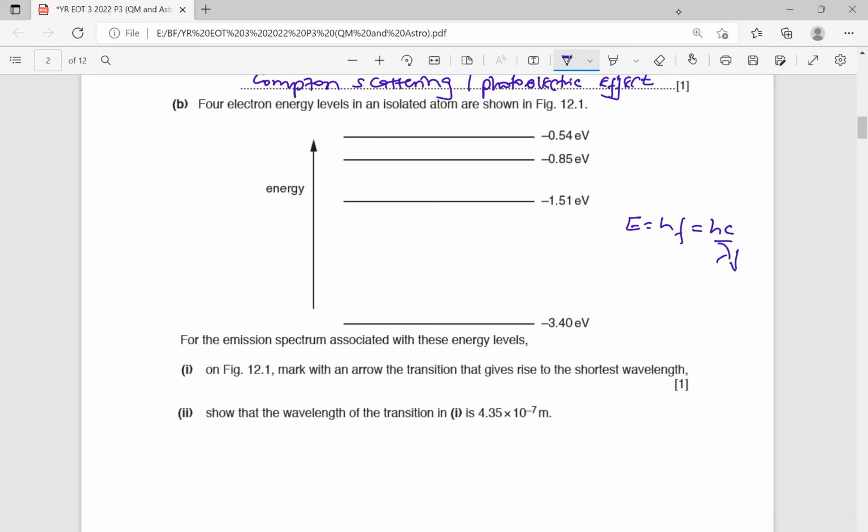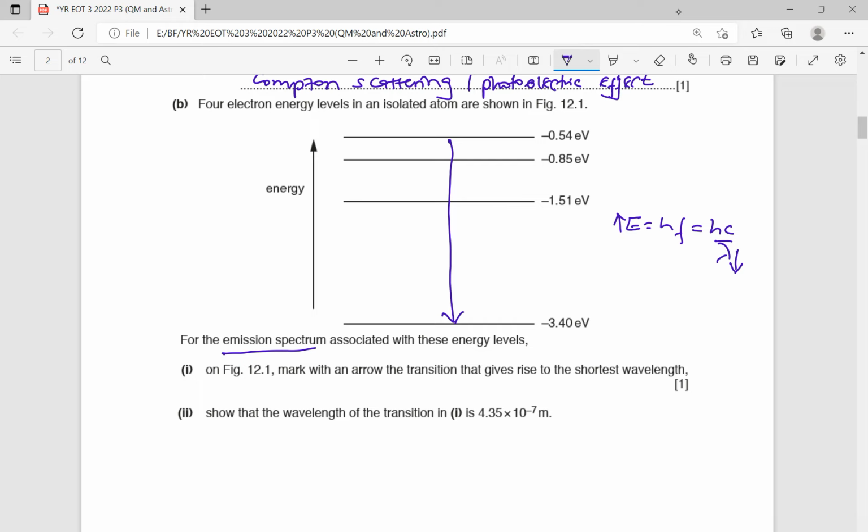If this is to be the shortest, then this should be the largest. That means we must have the largest energy change or energy difference. Therefore, we shall need this energy change from negative 3.4 to negative 0.50. Since this is an emission spectrum, I can draw an arrow pointing downwards because an electron must have made a transition from a higher energy level to a lower energy level in order to emit a photon.